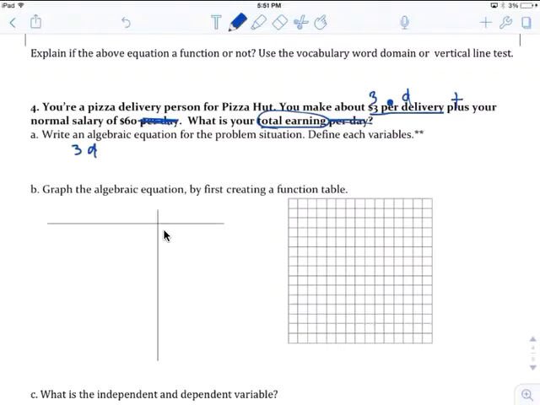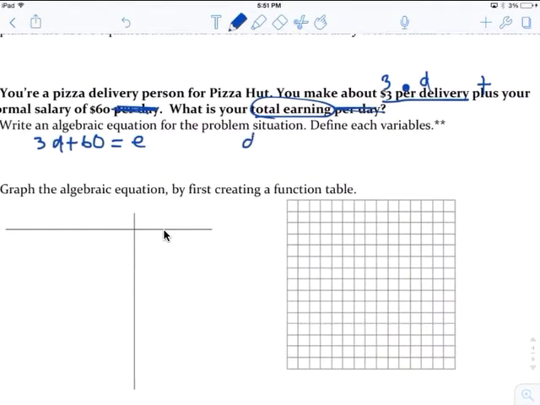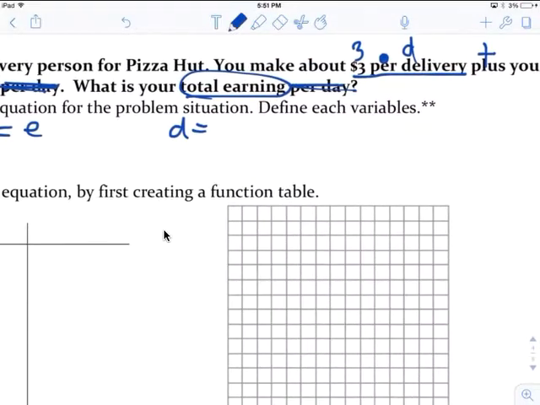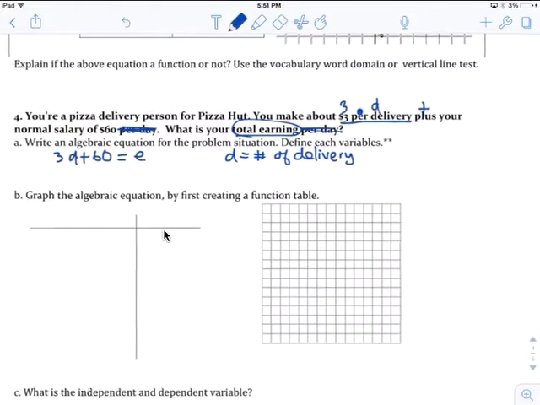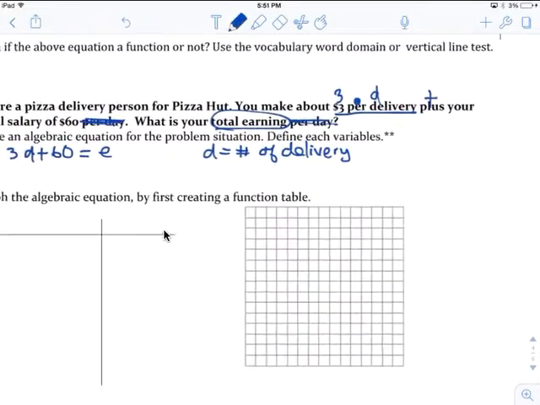3D plus $60 you make for showing up to work equals total earning, E. D is the number of deliveries, plus your normal salary of $60 per day.